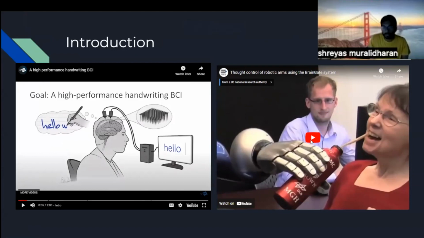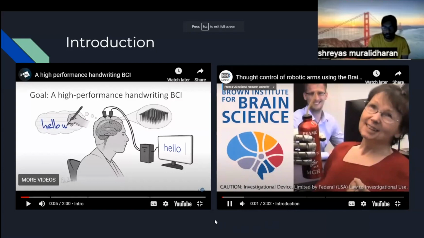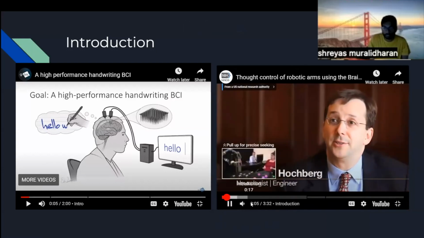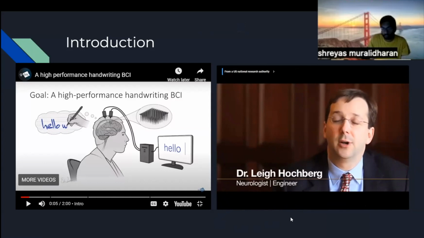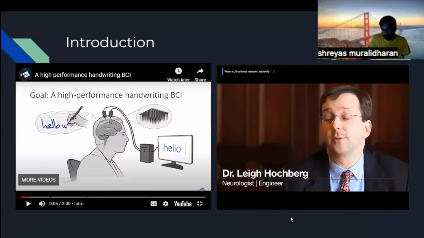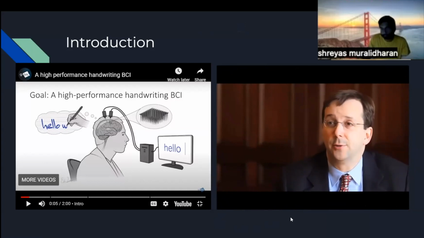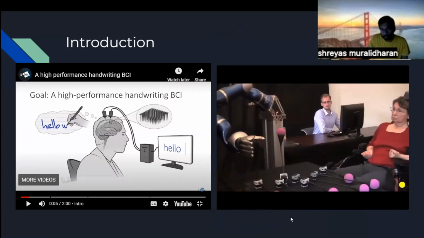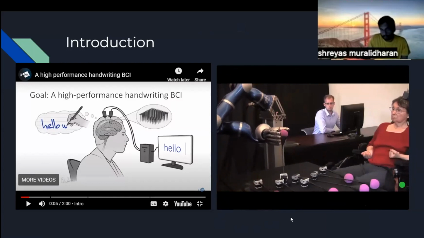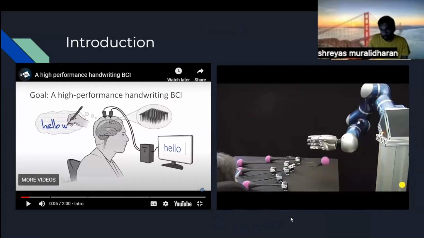I also wanted to show you this one briefly. In this paper, 2 people with tetraplegia, that is 2 people who were unable to move their arms or their legs in any functionally useful way, were able to control a prosthetic or a robotic arm simply by thinking about the movement of their own paralyzed hand. And they did that using the investigational BrainGate neural interface system.